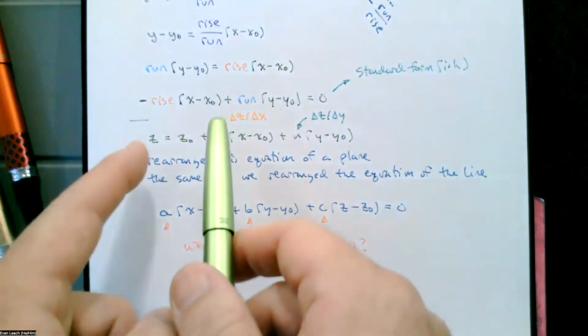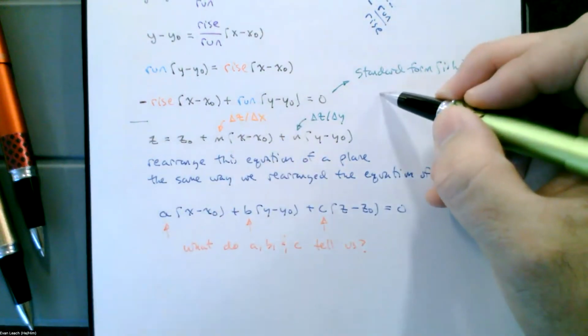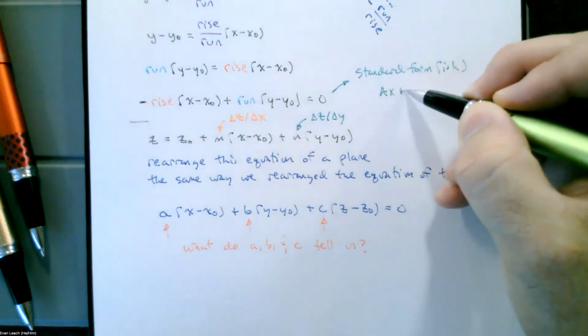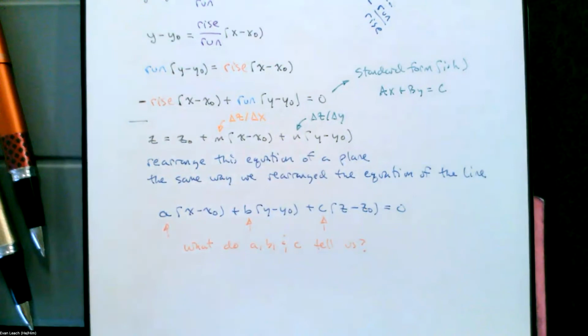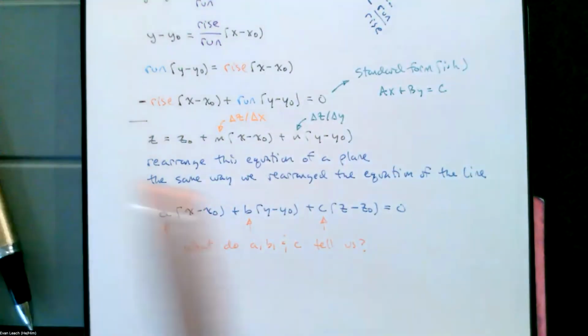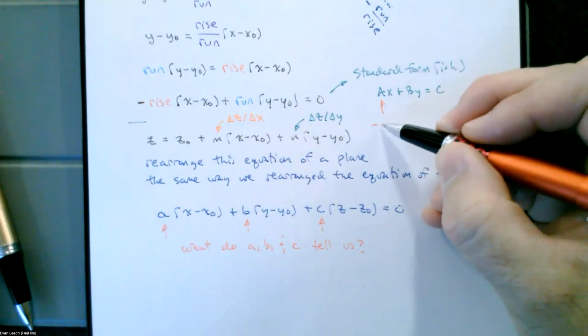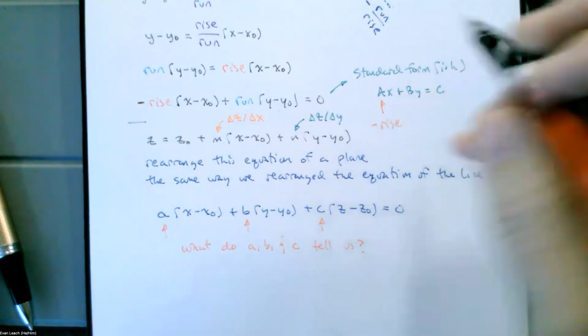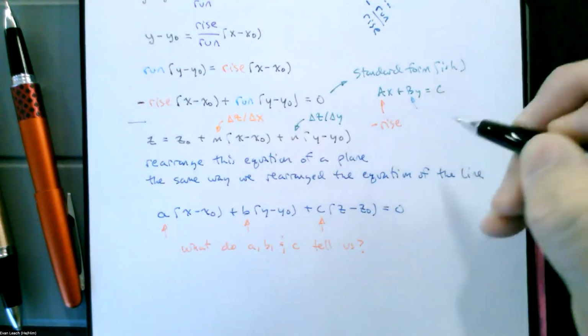But if I just multiply rise times x naught, run times y naught, and put that on the other side, I get ax plus by equals c. A is the minus rise and b is the run. So this A is still the coefficient of x, that's still just going to be -1 times the rise. And this B is still going to be the run. That's just coefficients.